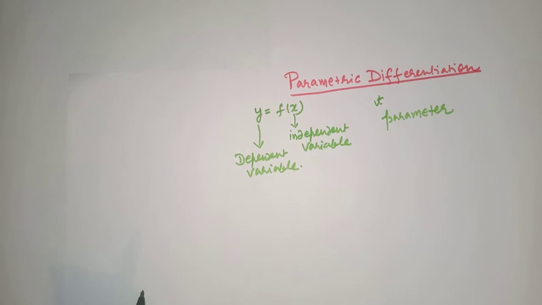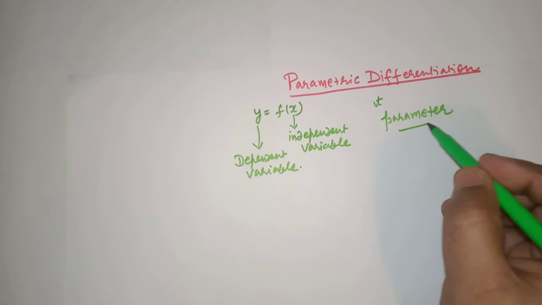Now some relationships between two quantities are so complex that sometimes we need to introduce a third quantity in order to make things easier and understandable. Clear? And by introducing this parameter t, we can handle things, and this third quantity is called a parameter.